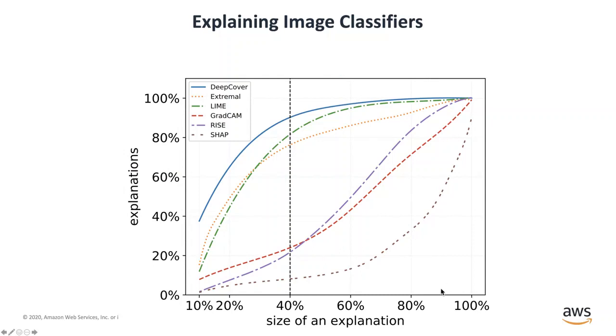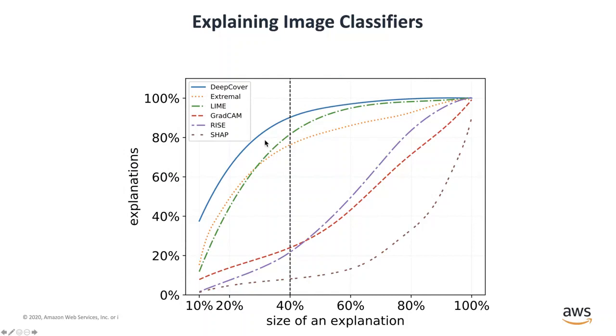So we are really nearly approaching 100% here. The tool that produced the explanation that you've just seen is called DeepCover. That's the blue line here, as in Oxford blue, of course. And as you can see, with a relatively modest fragment of the image, something like a third or so, you get a very large number of the images classified in the way you would expect.